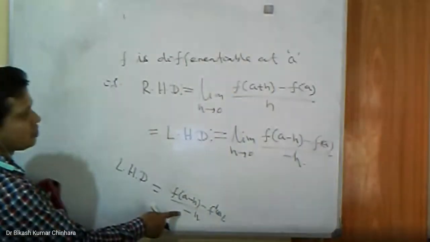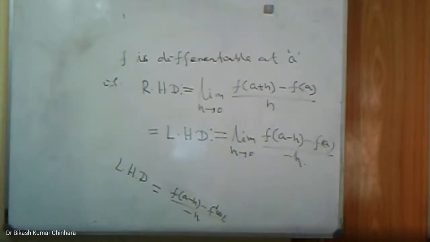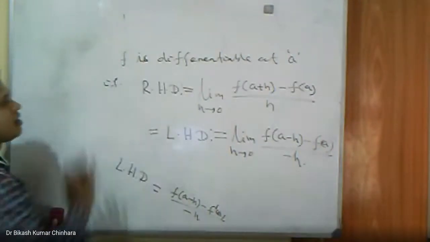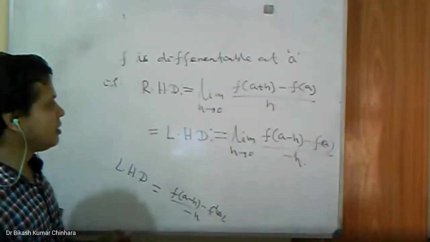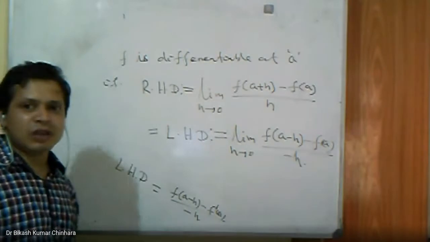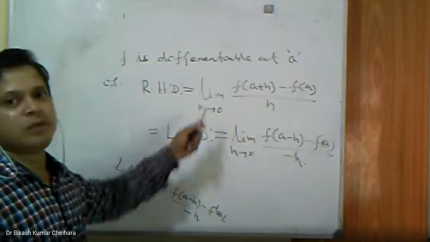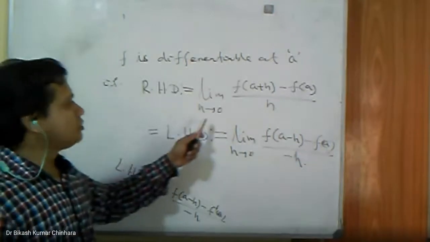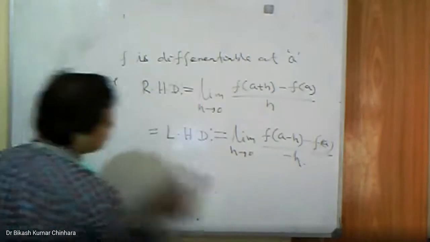I'm just writing like this. Is it okay? So if these two things are the same, then I can say that f is differentiable at the point A. So differentiation is nothing but an application of the concept of limits. Differentiation is nothing but some evaluation of limits. So let us do some example.